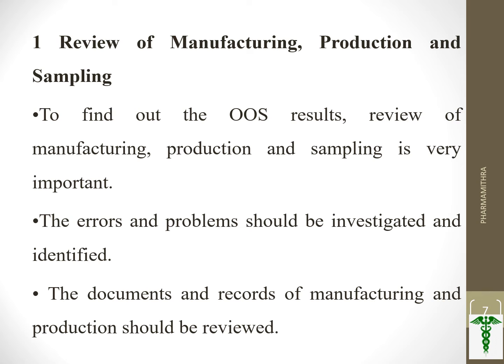The first thing is that we have to review the manufacturing, production and sampling. To find out the out of specification, we have to review the manufacturing procedure, production and sampling, find out whether any errors or problems happened, and document and record the manufacturing procedure.